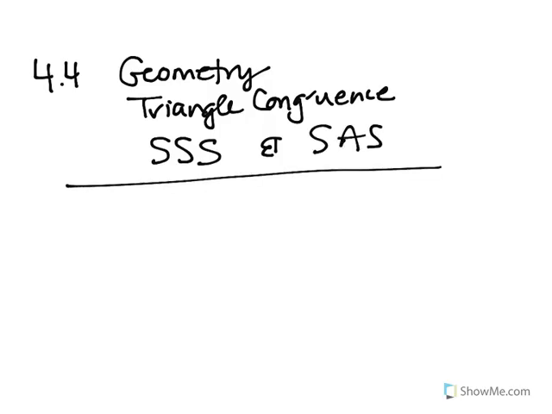Now, before we get into it, I just want to remind you of some things that we've talked about previously in the last few days. When we did our activity in class the other day, and we cut out our triangles, we had 7 different types of triangles that we made. There were 2 of them that could not be utilized to prove triangle congruence. And do you remember what they were?